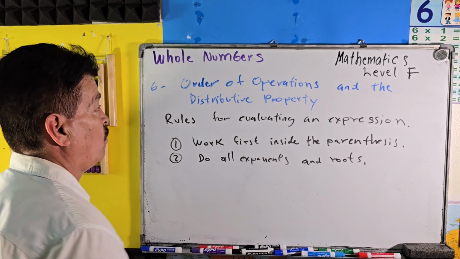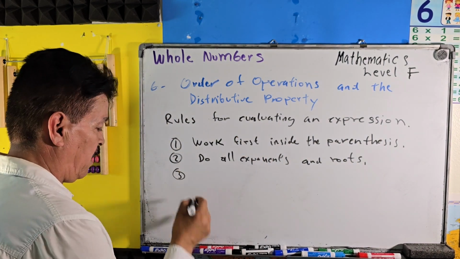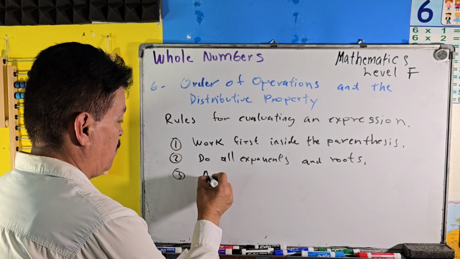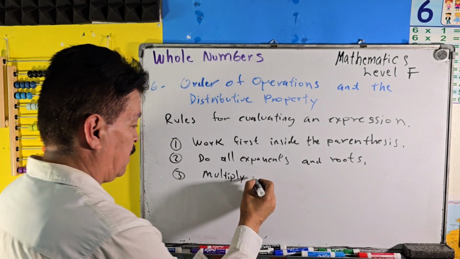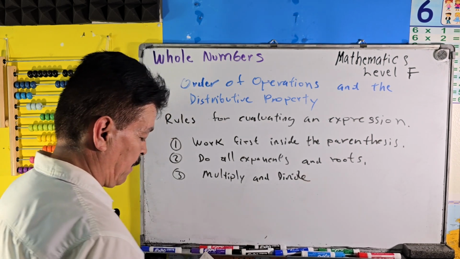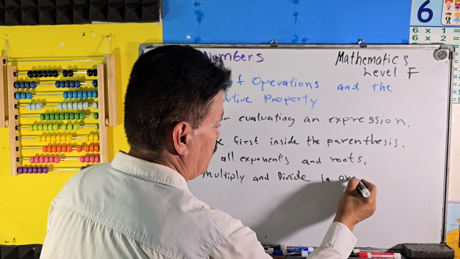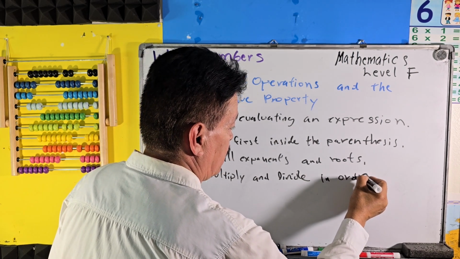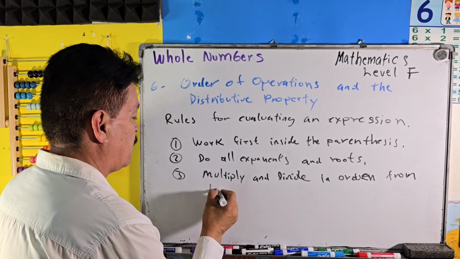These are the rules in this topic that we have to memorize, learning these properties forever. Number 3, multiply and divide in order from left to right.